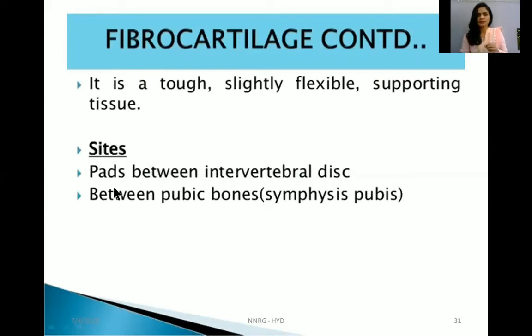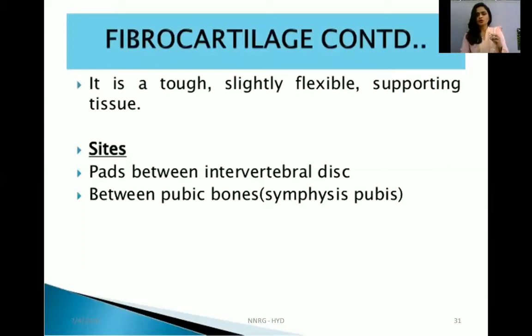Where they are present is between the intervertebral discs of the vertebral column, the backbone, through which the spinal cord passes, the complete vertebral column with whatever bones are attached to it. This fibrocartilage is present in between those bones, so the intervertebral disc pads up.